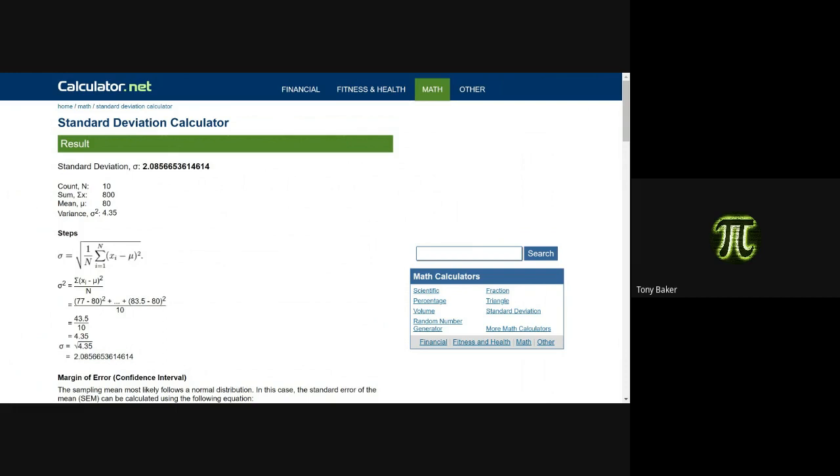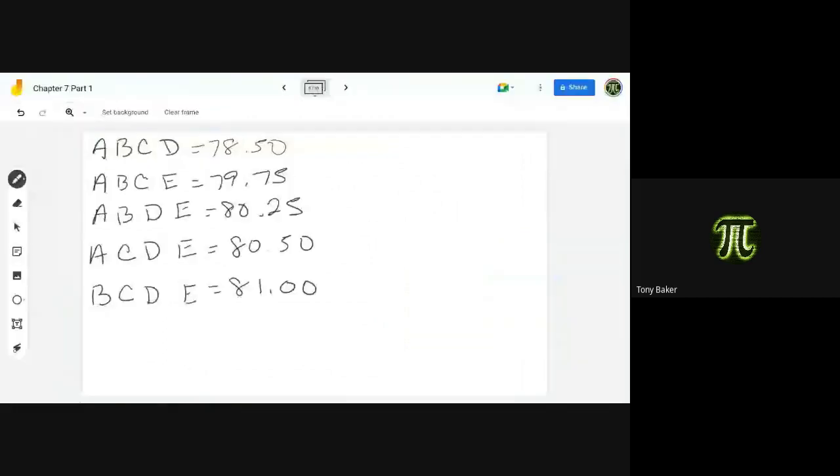All right, so do the same thing for my 4 numbers. The sample size is 4. So do the same thing for this one. Now, would I expect this one to be bigger or smaller than what I just got?